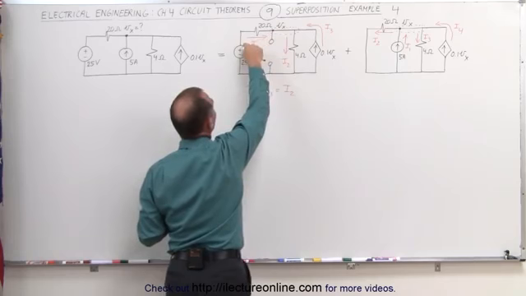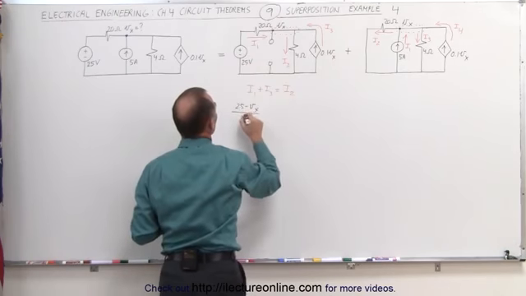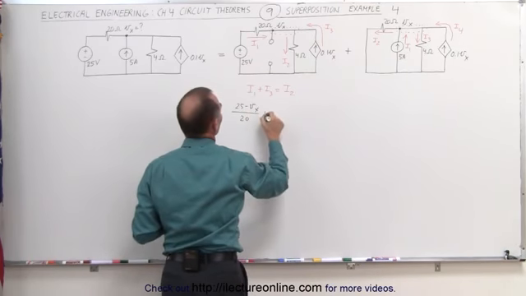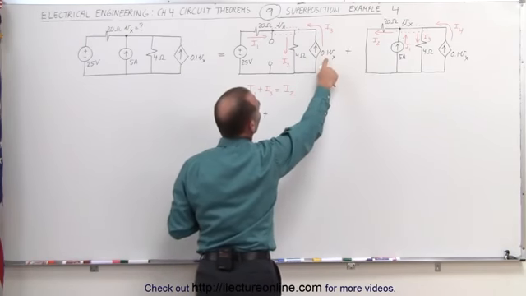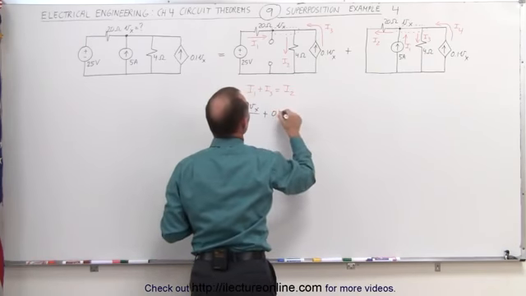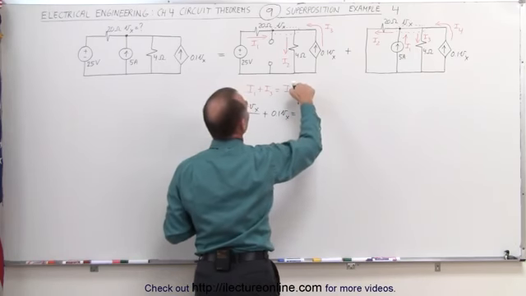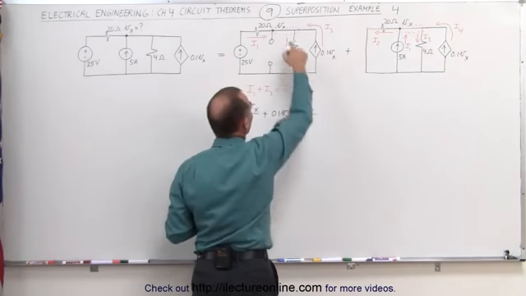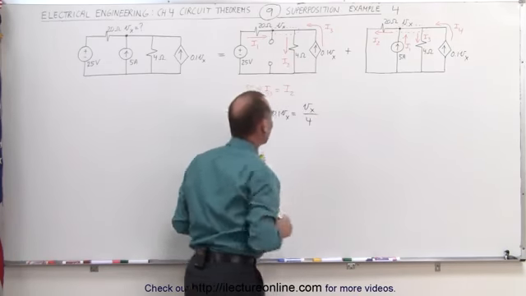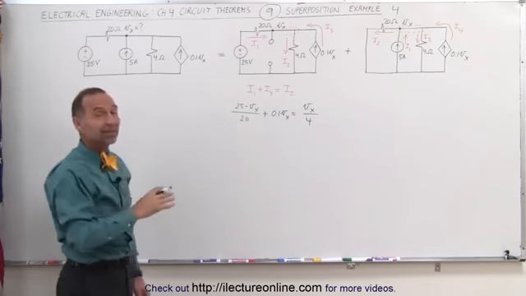That would be 25 minus V sub x, divided by the resistance in between, 20 ohms, plus I sub 3. I sub 3 would simply be 0.1 V sub x, and that's equal to I sub 2. Again, that's the potential difference between here and here, which is V sub x, divided by the resistance in between, 4.